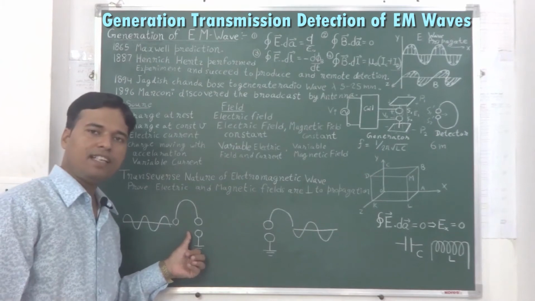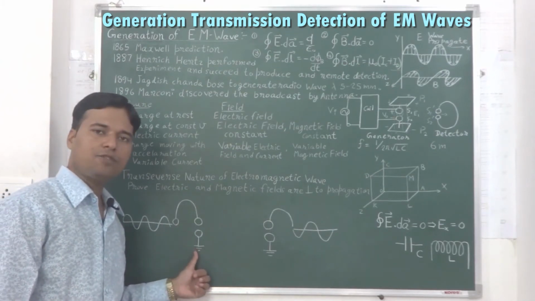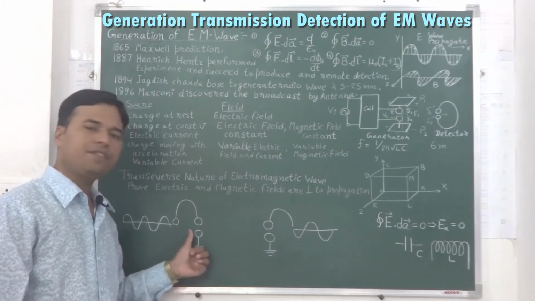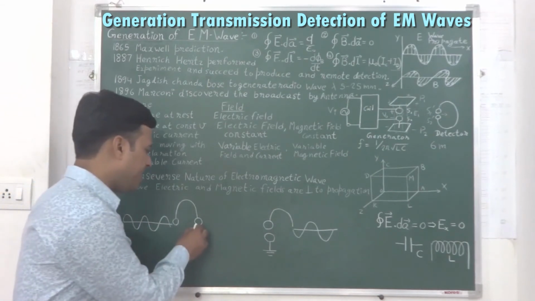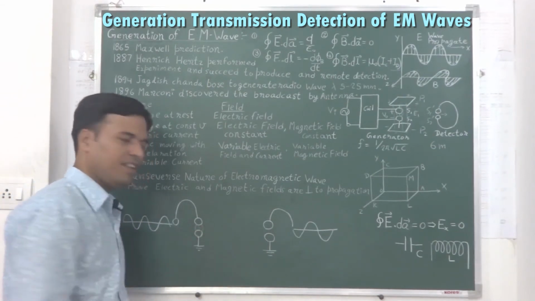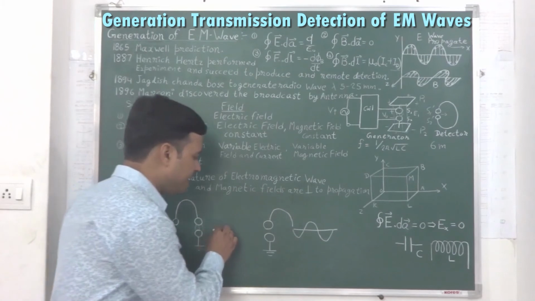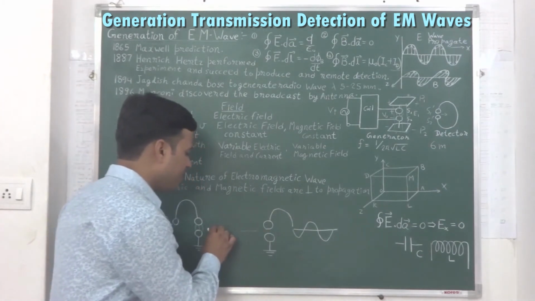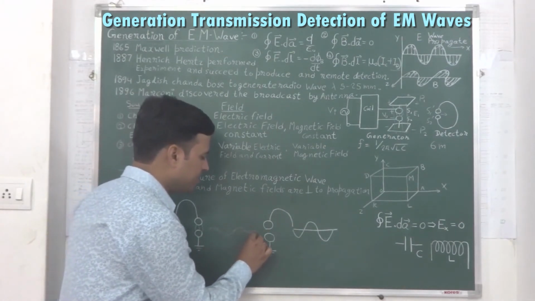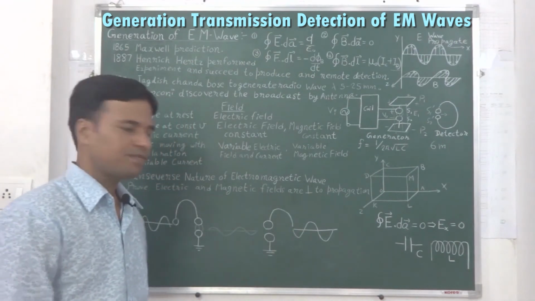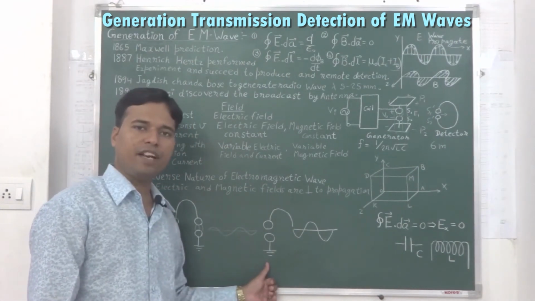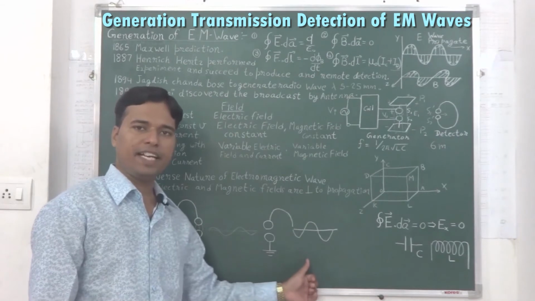Its second part, the second terminal, is connected to the earth and it will generate a time varying electromagnetic field. This time varying electromagnetic field will then travel from air according to our requirement at another place.